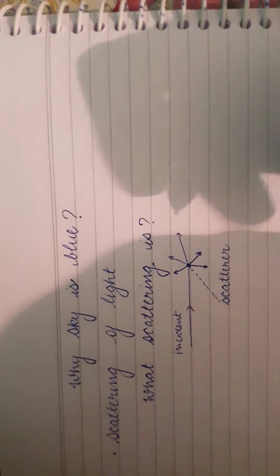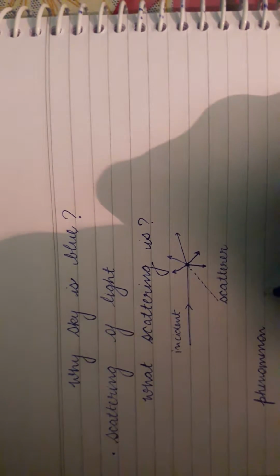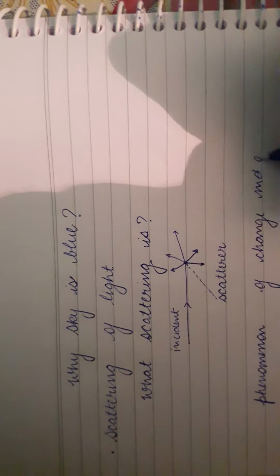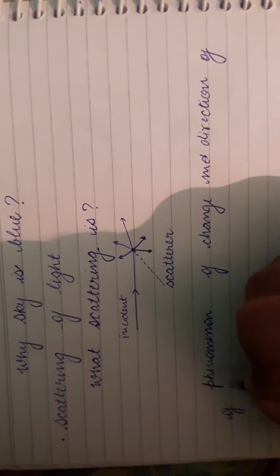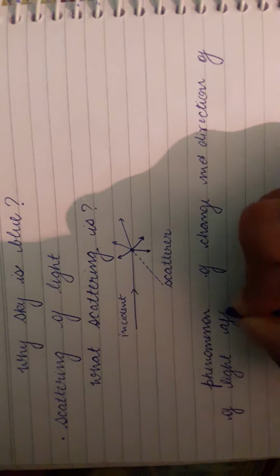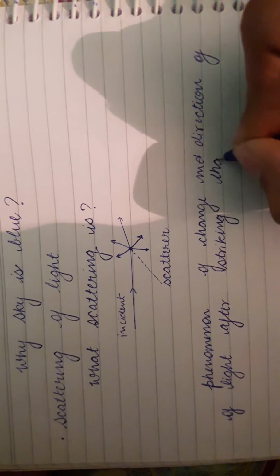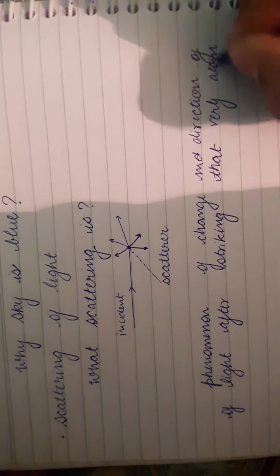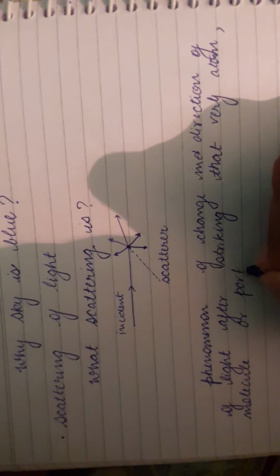Okay, so what is scattering? Scattering of light is a phenomenon of change in direction of light after striking that very atom or molecule or particle, whatever it can be.